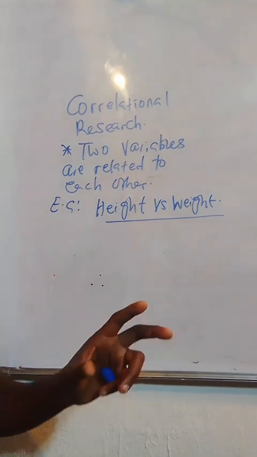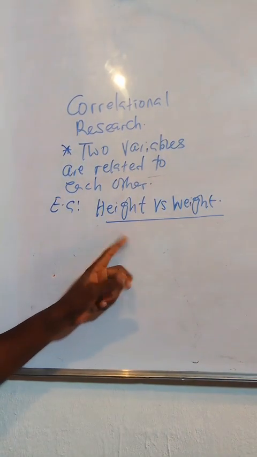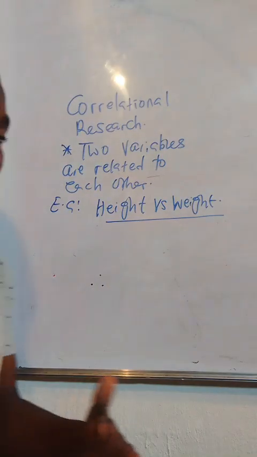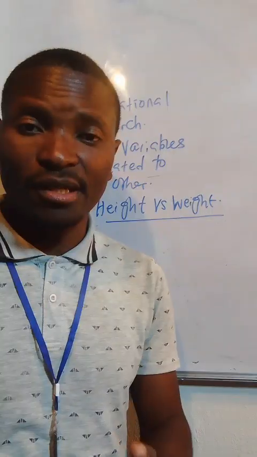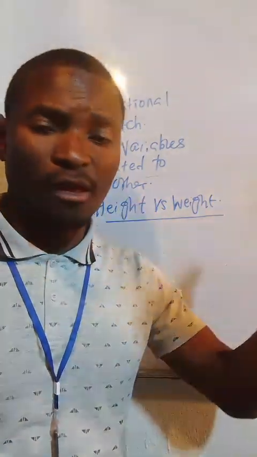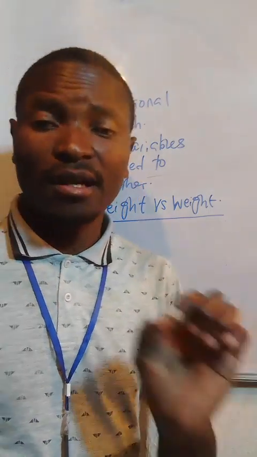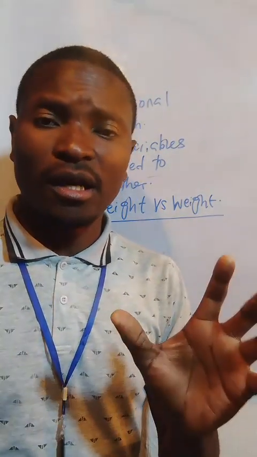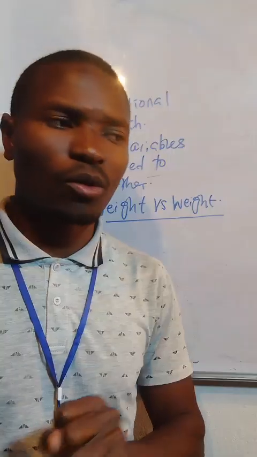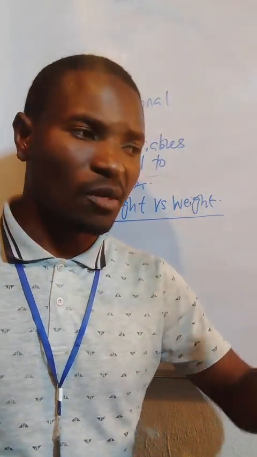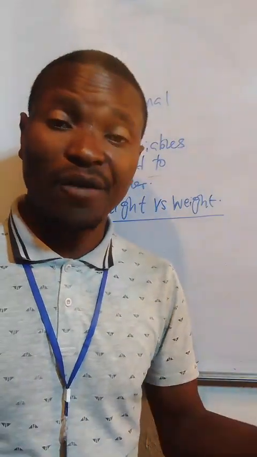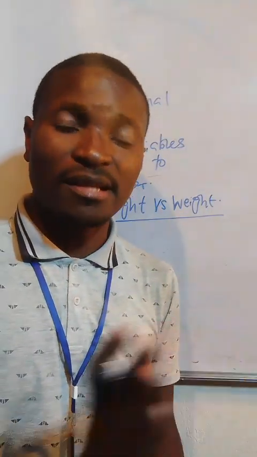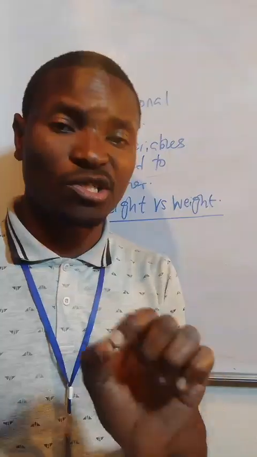So for instance, you might talk about two variables, like the height of an object, or maybe you're trying to understand the relationship between the height and the weight of participants, or from whatever literature review you have read, you have discovered that height and weight are related to each other.